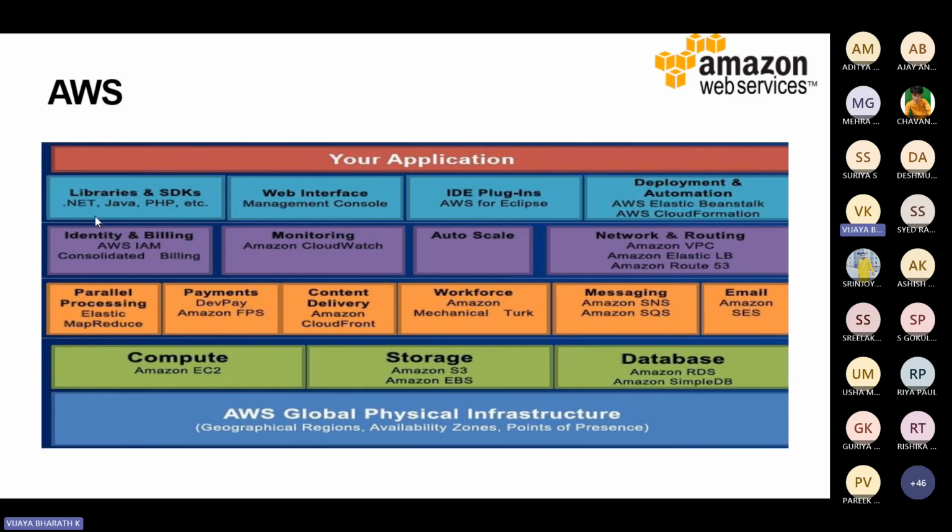It is managed by libraries like .NET and Java. Identity and billing is managed by Identity and Access Management on the left-hand side. You can see IAM consolidated billing. Monitoring is done by CloudWatch. Auto scaling is enabled. For network and routing, you have Elastic Load Balancer, Route 53, and VPC.